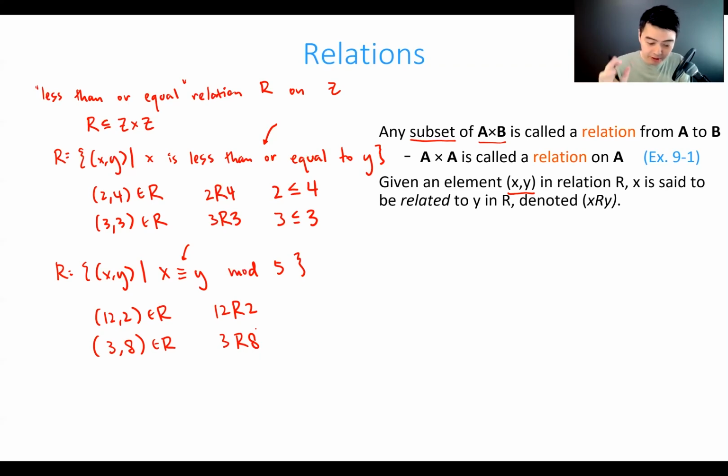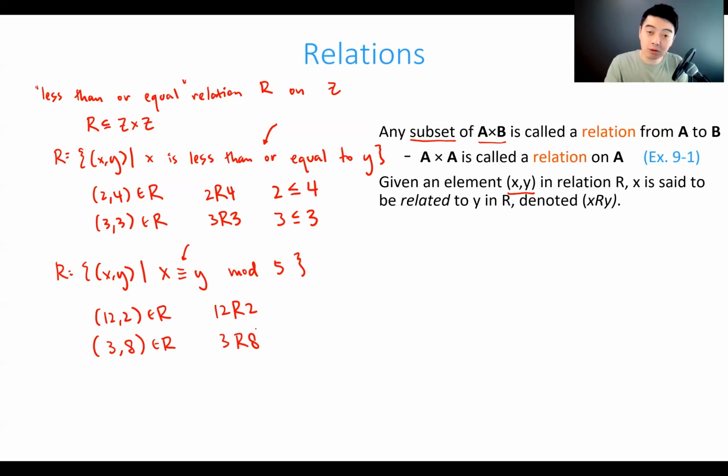So earlier I mentioned that just because 2, 4 is in the relation, just because 2 is less than or equal to 4, it doesn't mean that 4, 2 is also in the relation, right? Because just because x is less than or equal to y, it doesn't mean that y is less than or equal to x, right? It doesn't imply that. However, if you take a look at the second relation, the congruency relation, if I say 12, 2 is in the relation, then automatically you can say 2, 12 is also in the relation.